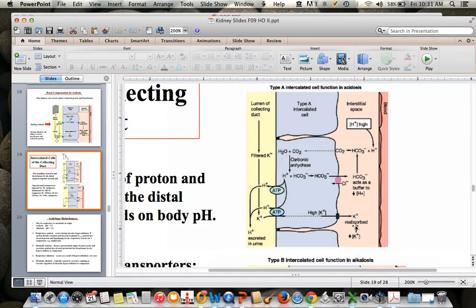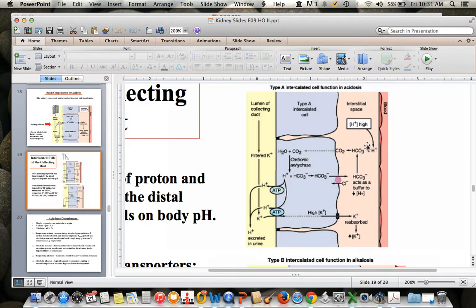So what can happen sometimes is that if we have an excessive amount of CO2 and protons that we're trying to get rid of, then you can end up having an increase in the amount of potassium that ends up in our blood. So let's walk through that just to make sure we're clear on it. Here we have protons that are really high, meaning that your pH is what?